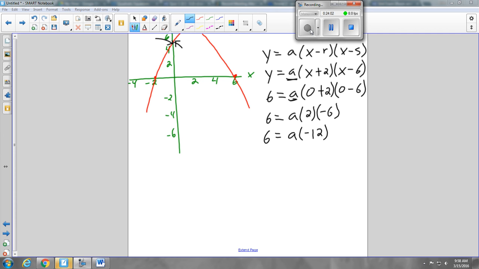I need a on its own. What would I do next? Divide both sides by -12. Yes, because I want a on its own. So we divide by -12, those cancel, divide that by -12, and I end up with a is equal to -1/2.